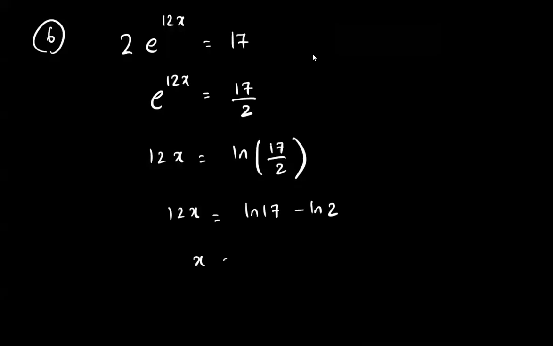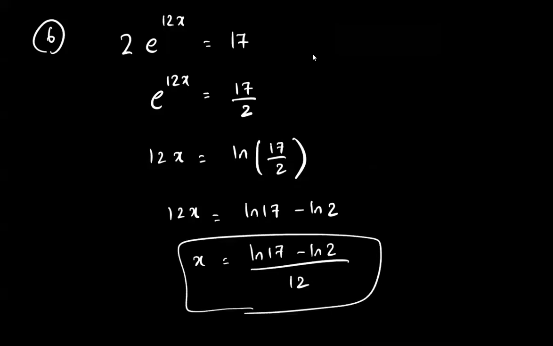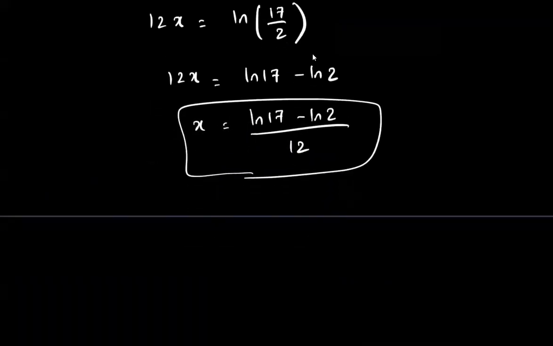So then I divide by 2 on both sides. And this is my answer. So whenever you have a situation while solving an exponential equation where you cannot rewrite as an exponent with the same base, convert it into the logarithmic form. Okay. I'm going to do one more problem.